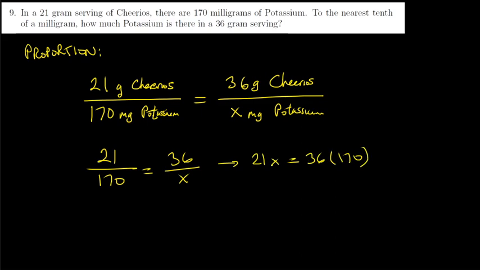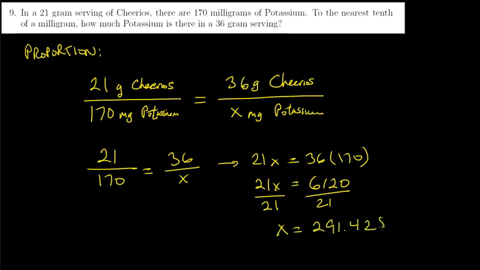Right? So I get 21x equals 36 times 170, which is 6,120. So divide by 21, and my calculator says 291.42855714, something like that.